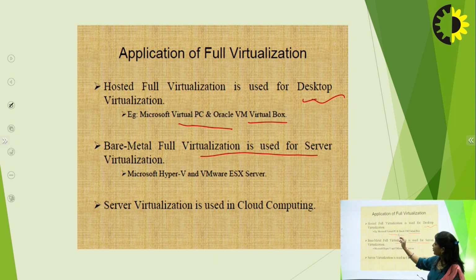Microsoft Hyper-V and VMware ESX Server are bare metal based full virtualization. The last one, server virtualization, is used in cloud computing. So in cloud data centers, bare metal full virtualization is going to be used.